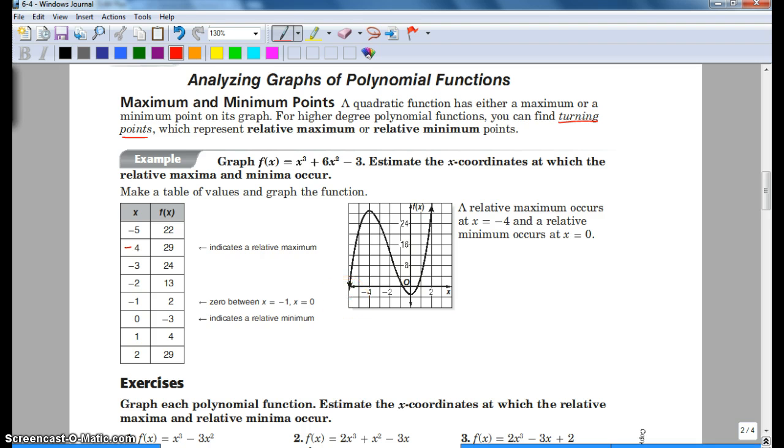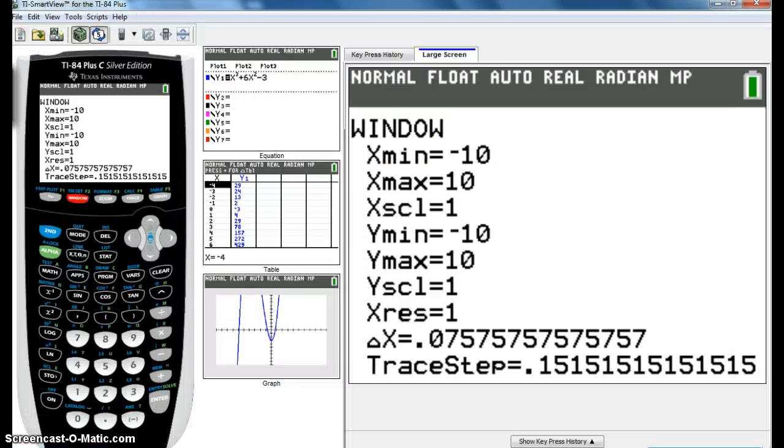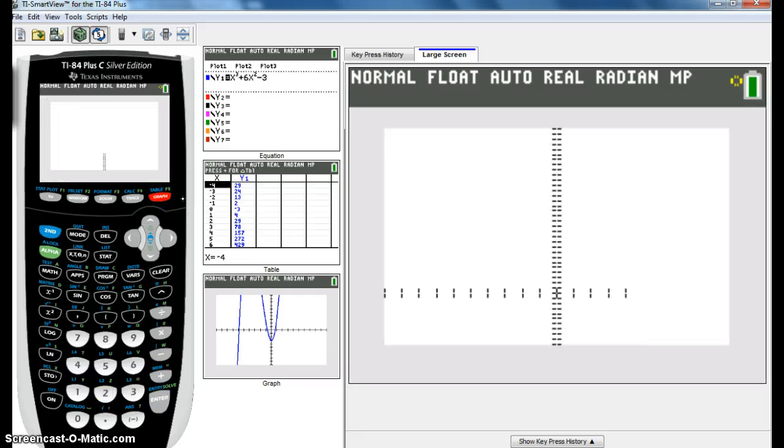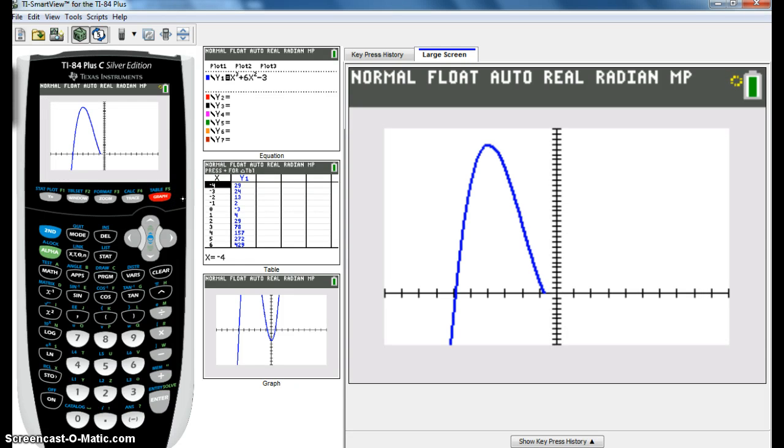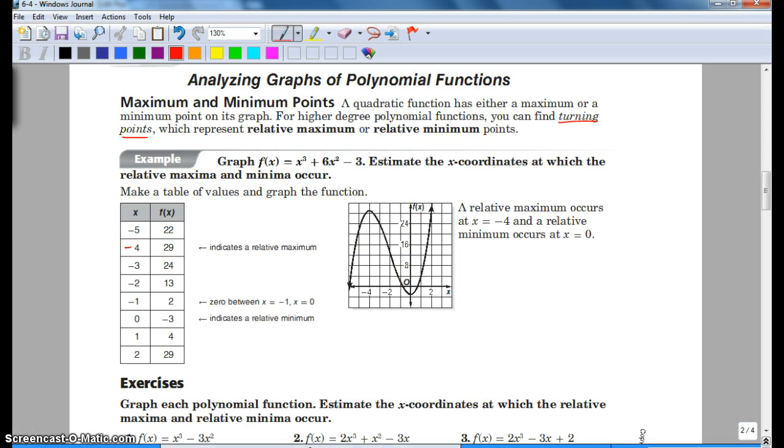So I think I'm okay with negative 10, but also positive 10. That seems to be okay. However, my y max, I think I'll make my y max, not my y min. My y min seems okay. Let's make our y max what they did, and that is 32. Okay. So that looks like a little bit of a better representation of what you see here.